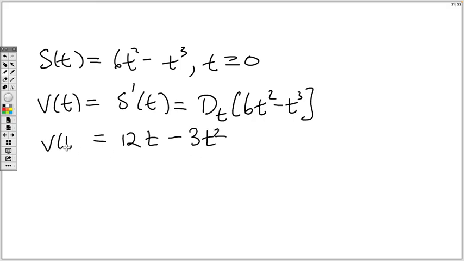There it is. Now how do I get to acceleration then? Acceleration is the what? Second derivative of position, which means it's the first derivative of velocity.